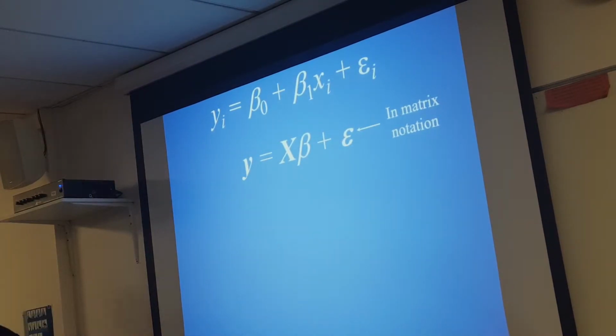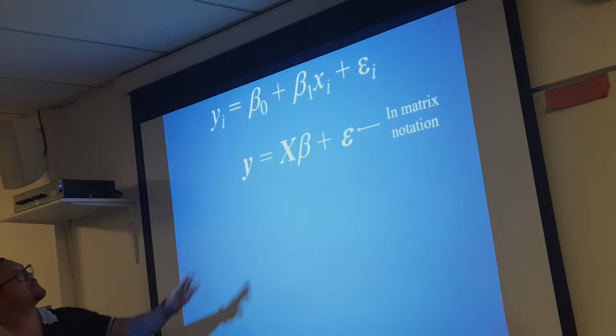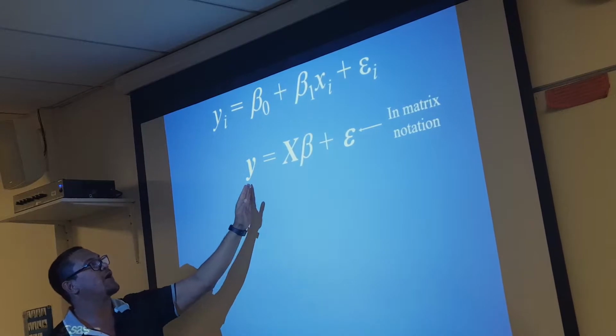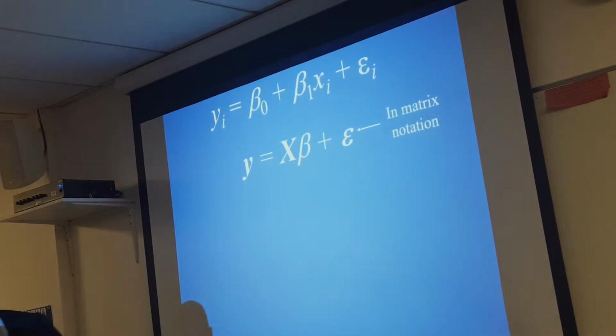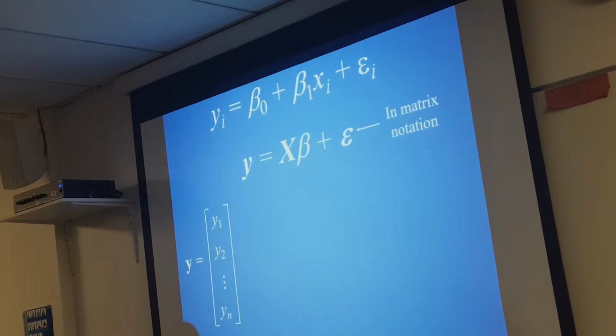So in a univariate response analysis, right, we've got a vector denoted by y equals X as a matrix, times beta, plus epsilon, right? So Y is a simple vector.